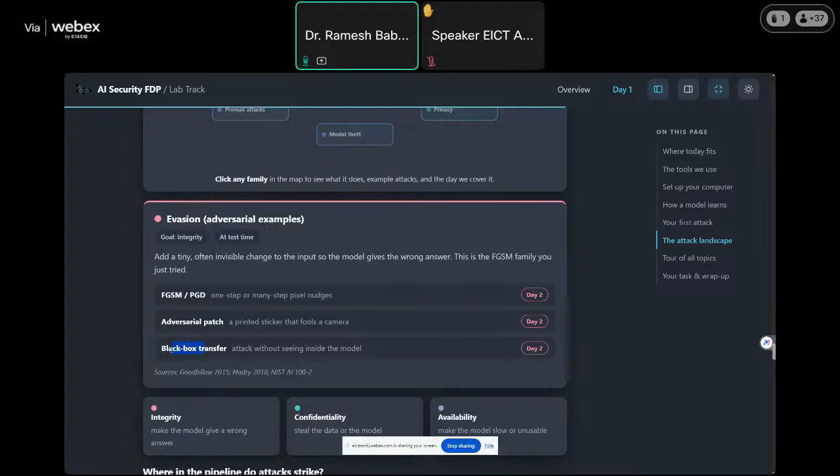You can consider a surrogate model as a clone of the model which you want to evade. So you make a surrogate model, and with the help of that surrogate model, you attack the main model. These are the attacks that we will cover on day 2, the attacks we will address in tomorrow's lecture.